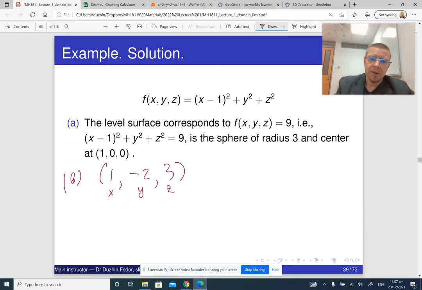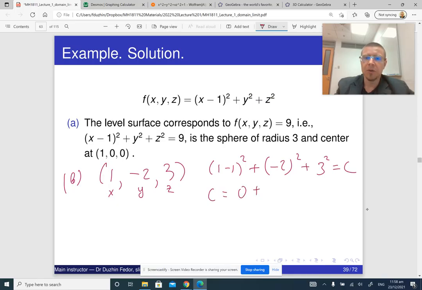So 1 minus 1 squared, so I have substituted 1 for x, plus negative 2 squared, now negative 2 for y, plus 3 squared, this should be equal to c. Right, so c is what? Is 0, plus negative 2 squared is 4, 3 squared is 9, which is 13.